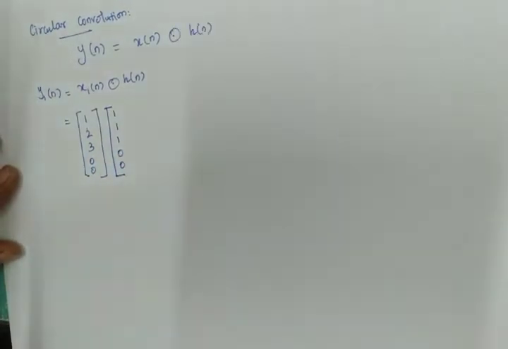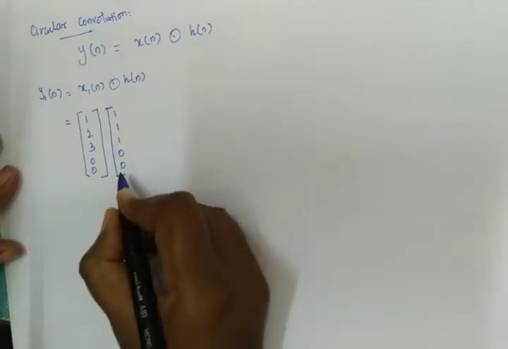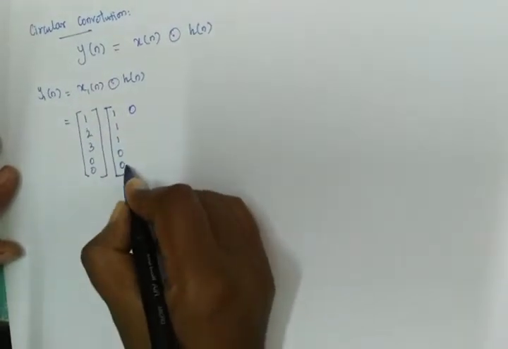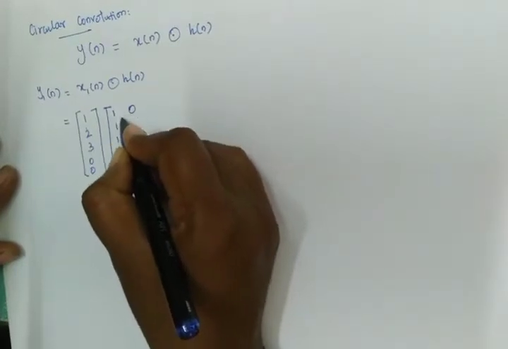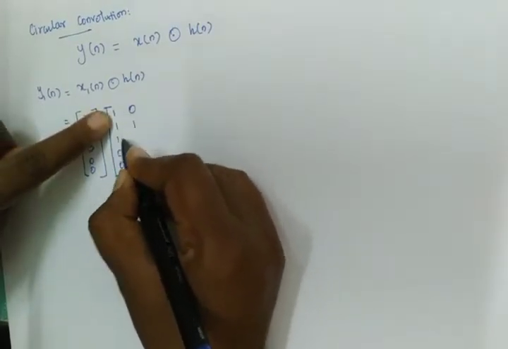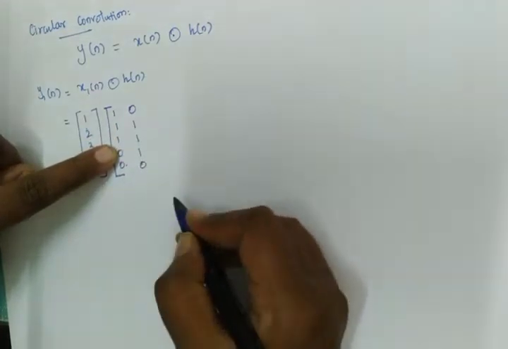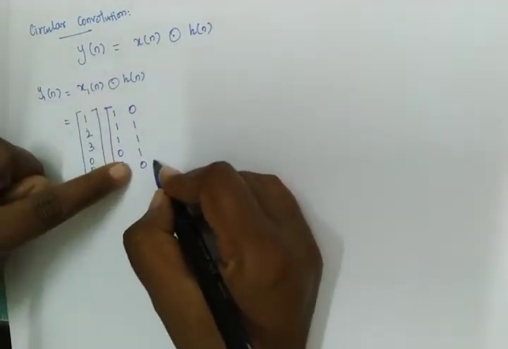Now how can we perform circular convolution? What we have to do is write the last value as the first value and take the rest down. So this one will come here, this one will come here, this one will come here, and this 0 will come here. Then again perform the circular convolution.